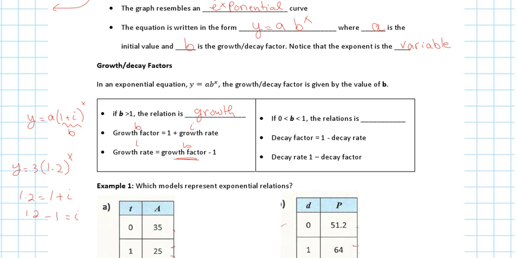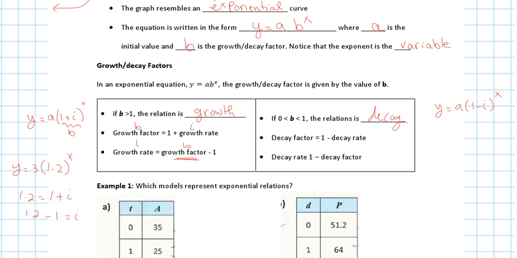Now, if your base is between 0 and 1, then the relation is decay. And remember that with the equation we said y equals a times 1 minus i, right? And that represents a decay factor, or exponential decay, right?